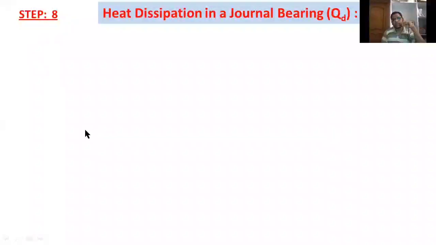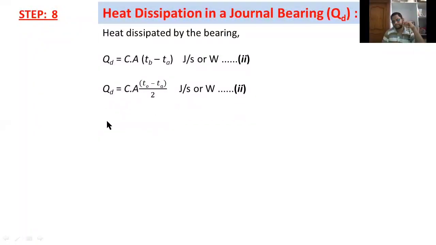In this step, we can find the amount of heat cooled due to lubrication. This is the formula for the amount of heat dissipated in a bearing. Qd equals the amount of heat dissipation, and C is the dissipation coefficient.